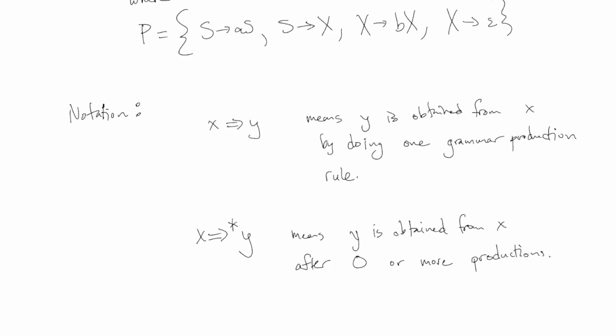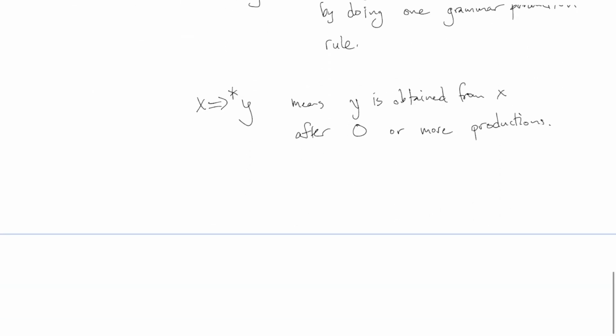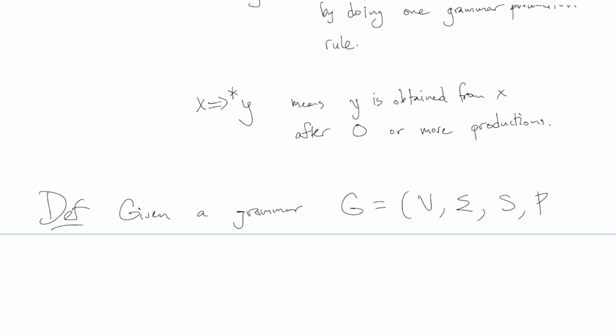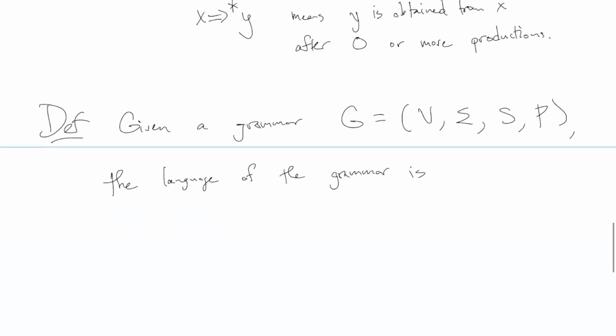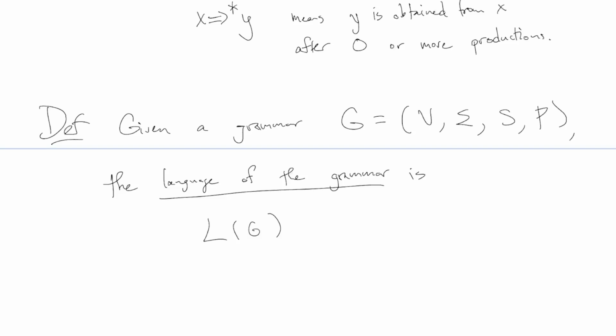And using these notations is how we define the language of a grammar. So the definition of the language of a grammar: given a grammar G is V, sigma, S, P, the language of the grammar, L of G, we can write fairly simply as a set of something or other.